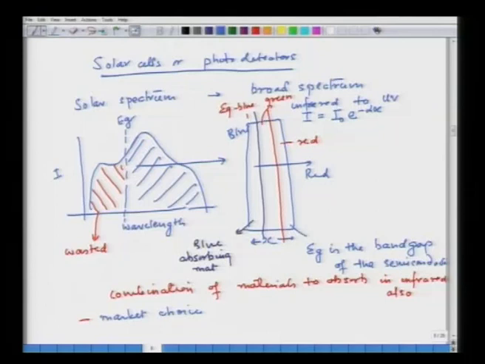Similar thing is going to be true for photodetectors. For photodetectors, the application is basically to detect a particular light.